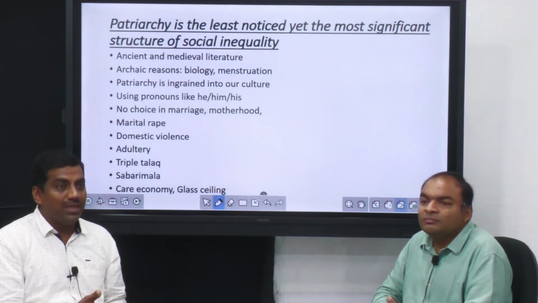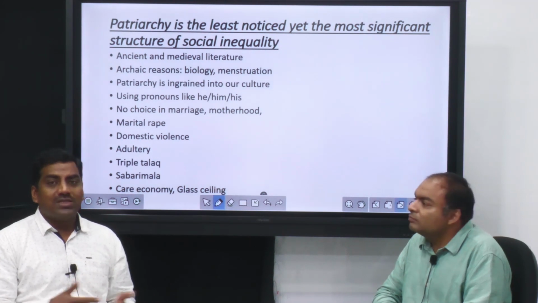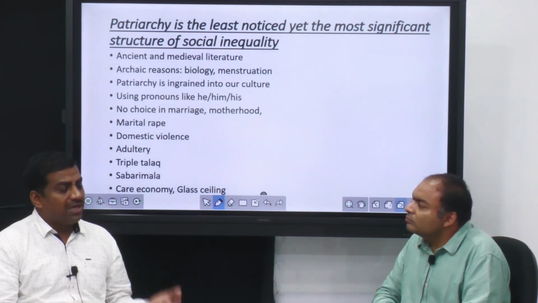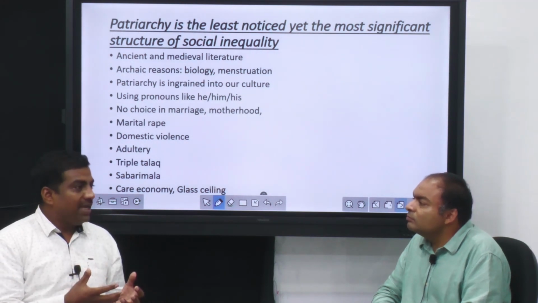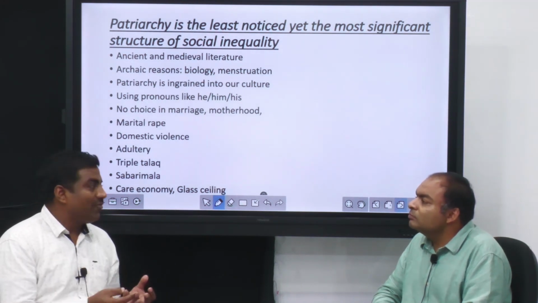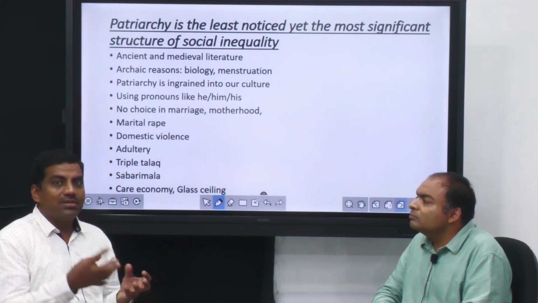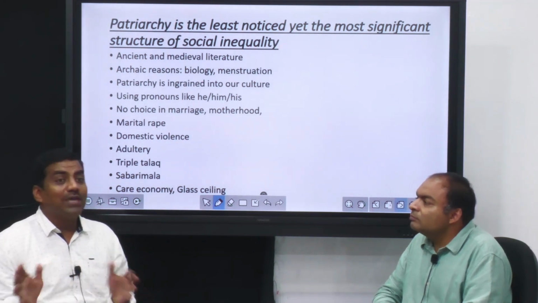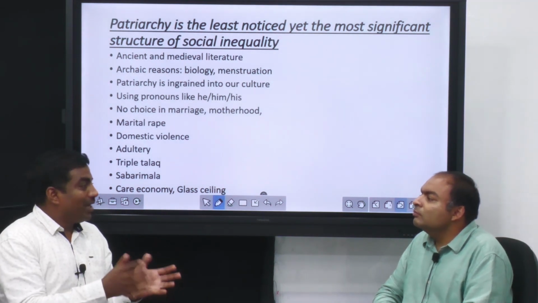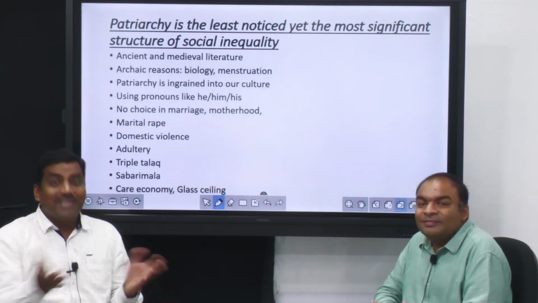And even in the worst form of this patriarchy, the elder girl in the family is escorted by the younger boy. Whenever Didi, the elder sister, is going out, we give the younger boy as the security person. So that is how it is.